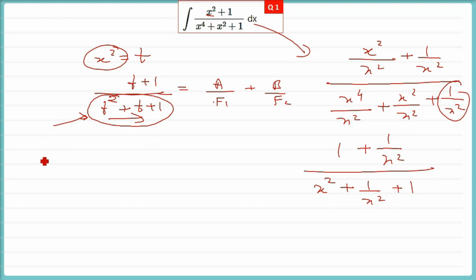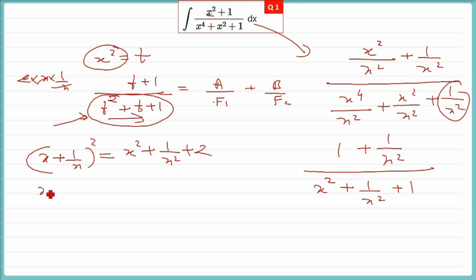Now this denominator is well known to you. That is, if you take x plus 1 by x whole square, it will be a square plus b square plus 2ab, that is x square plus 1 by x square plus 2 into x into 1 by x, that will give you a 2. Same thing with x minus 1 by x whole square will give you x square plus 1 by x square minus 2. So in numerator we have 1 plus 1 by x square.